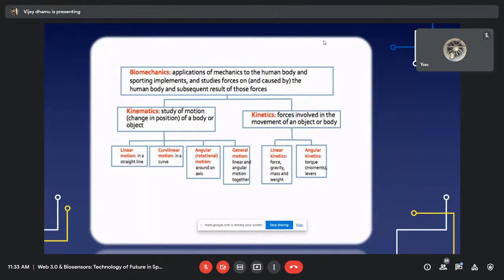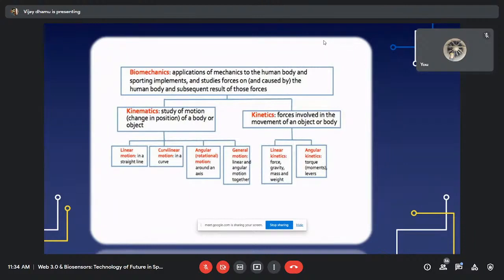So the way we move, like how much force is being generated in our joints, or the forces generated on the ground. And even if you're going in a car and you brake all of a sudden, we just move forward. So how much force will be acting on our neck? These are the kinds of things that can be studied using biomechanics.